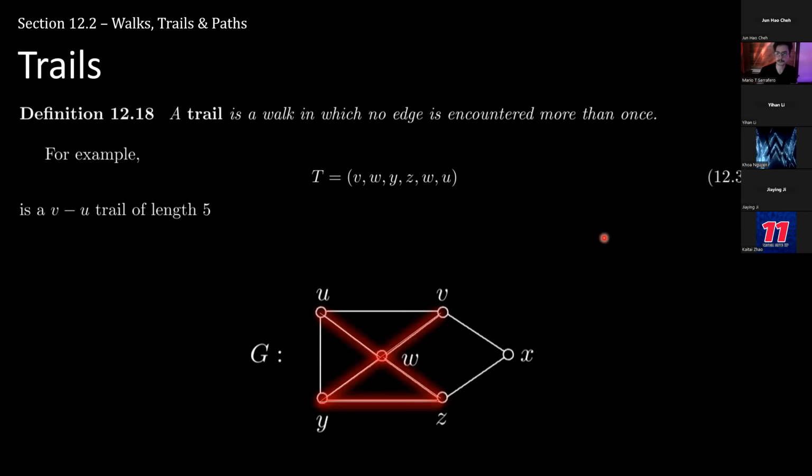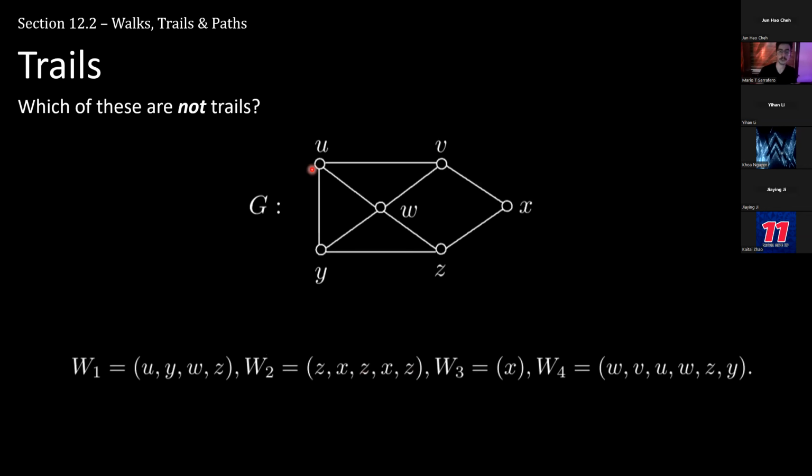So for example, this is a trail because at no point are we encountering the same edge more than once. So which are not trails out of the ones we've seen in the previous example?